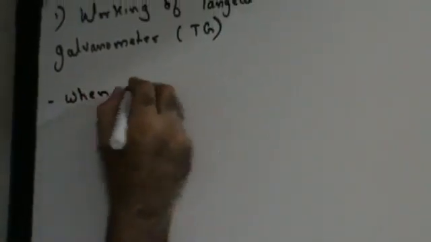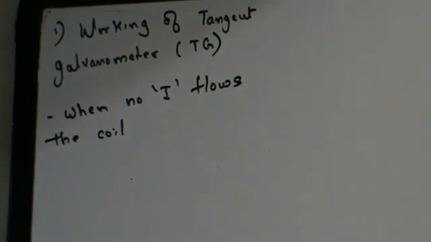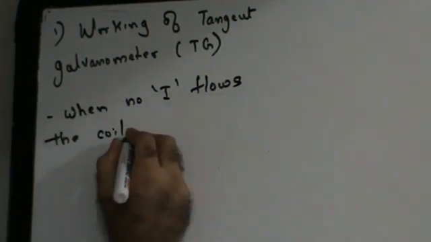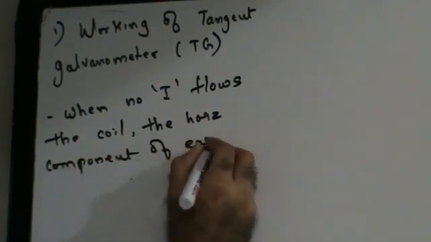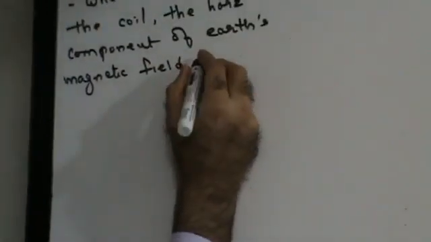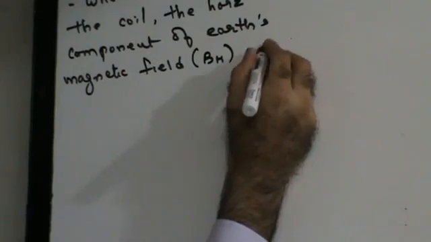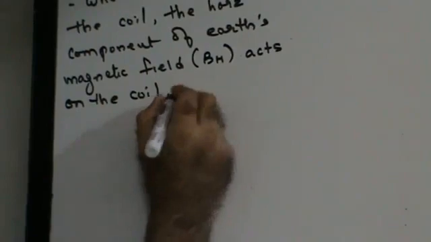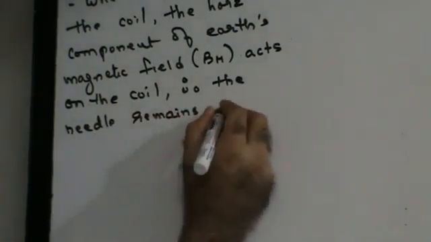When there is no current flowing through the coil of the galvanometer, then the horizontal component of the Earth's magnetic field, which we refer to as BH, acts on the coil, and therefore the needle would remain in north-south direction.